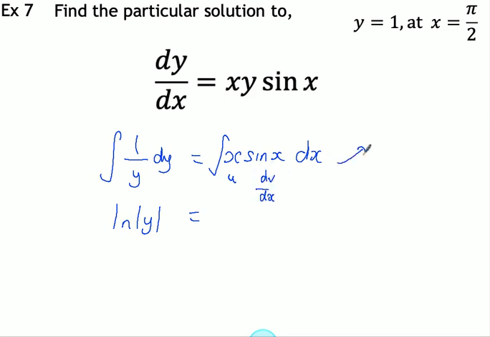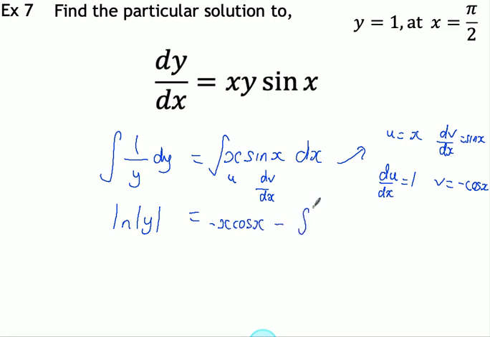So let's do this up here. Again, if we try and take shortcuts, we'll go wrong. Lovely. So uv, subtract the integral of v du, negative, so we can add.